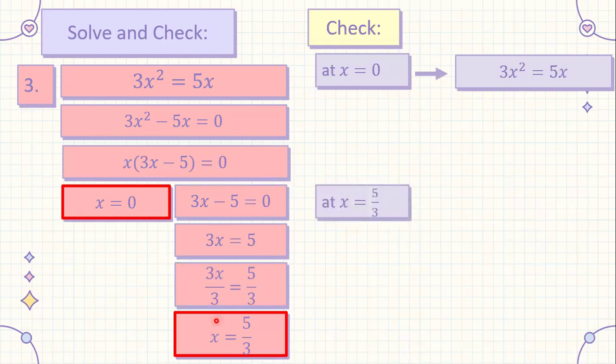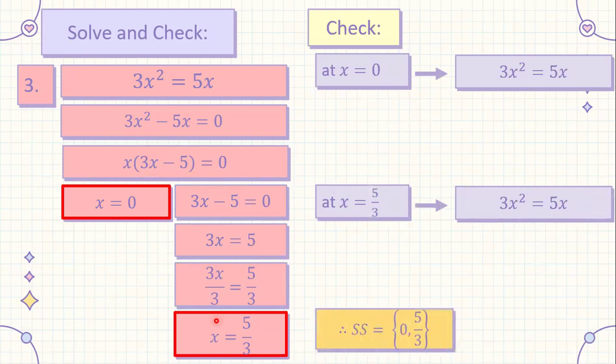If x is equal to 5/3, substitute that into the given equation and that justifies that x is a solution to the equation. So therefore, the solution set is equal to 0 and 5/3. So I hope you understand that.